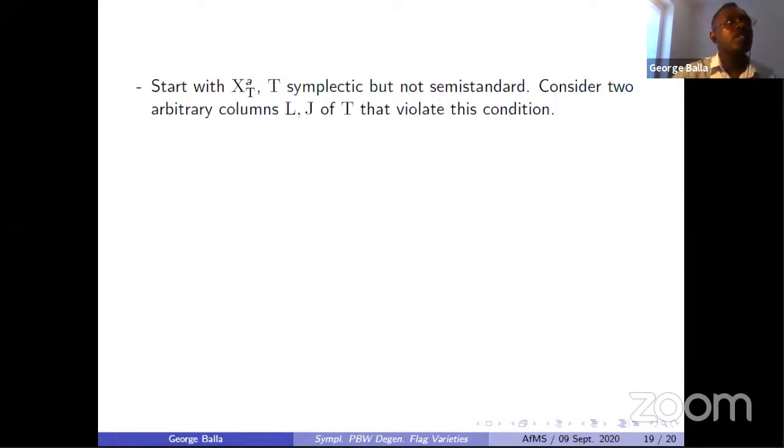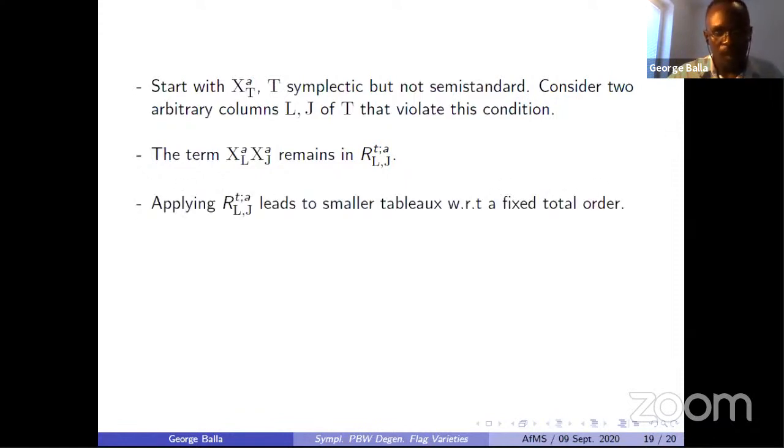Because semi-standardness is defined between any two neighboring columns, it's enough to reduce the proof to any two neighboring arbitrary columns, L and J. If we take two such columns which violate the condition of semi-standardness, what Fang proved is that the term corresponding to such columns will remain after degeneration. He proved this in his paper, and he also proved that applying these relations which we saw will lead to smaller tableaux with respect to some fixed total order.